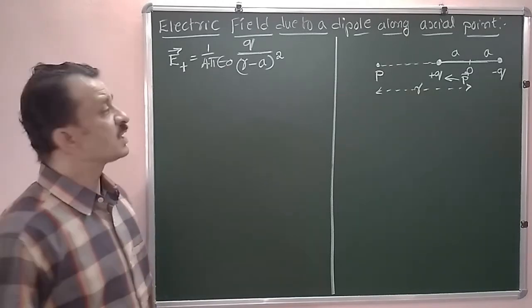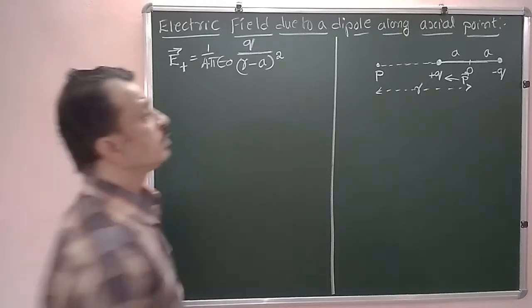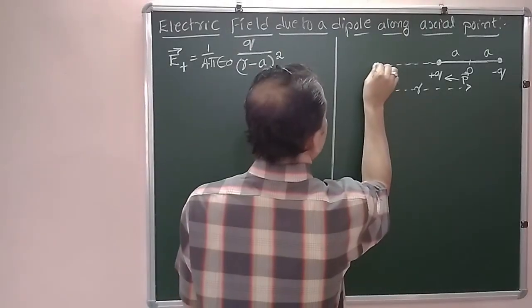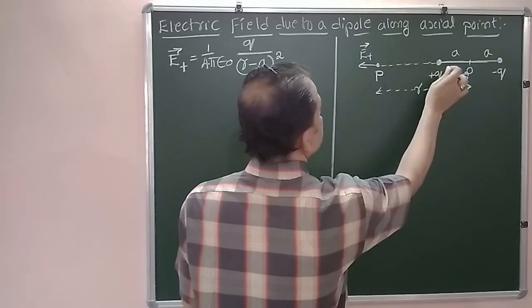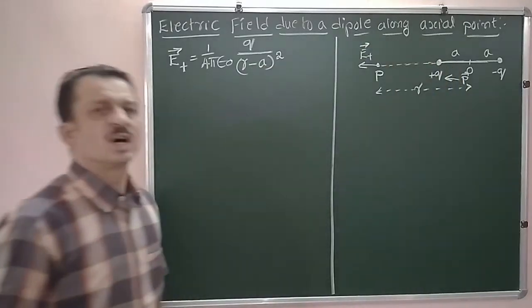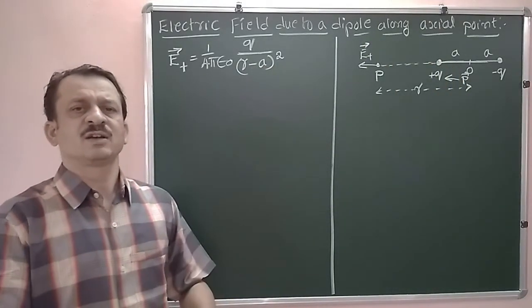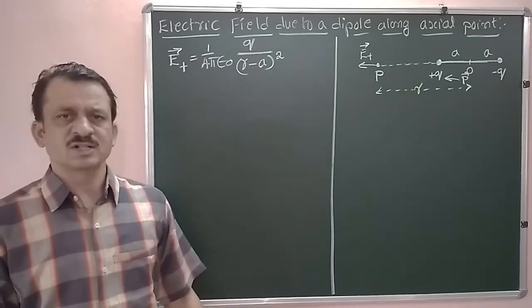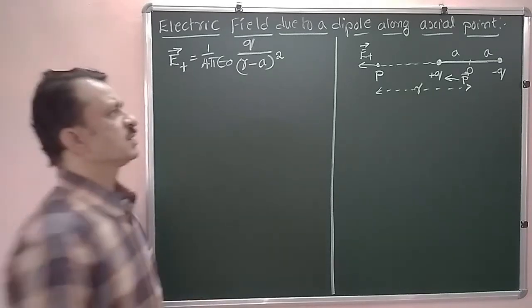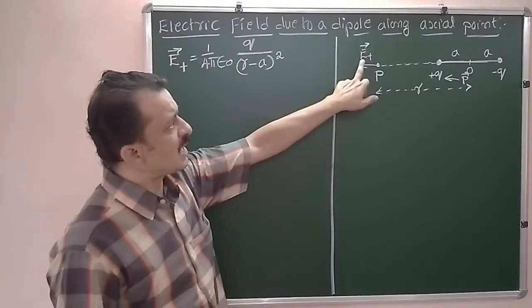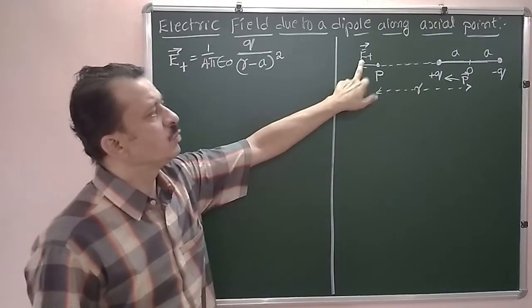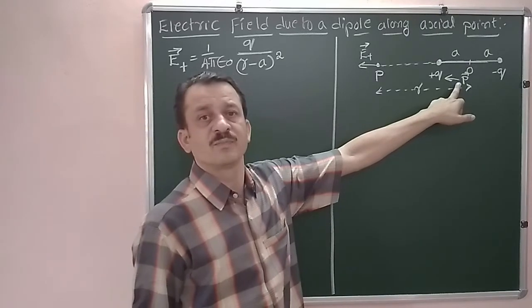What is the direction of the electric field at the point P? Now it is towards left, because this charge is a positive charge. The electric field is always radially outwards for a positive charge, therefore it is towards left. Now compare this direction of the electric field with respect to the dipole moment.